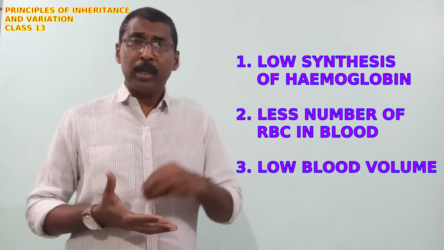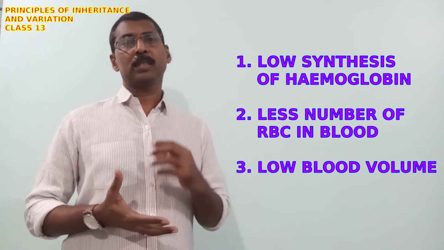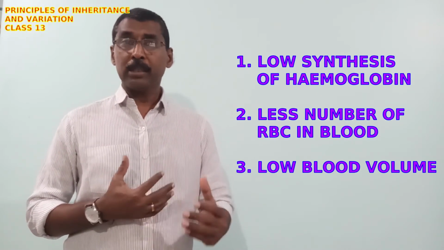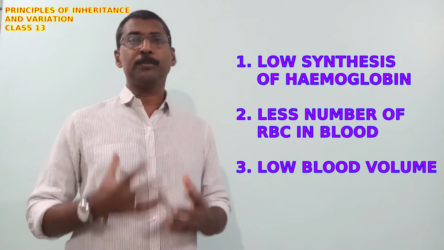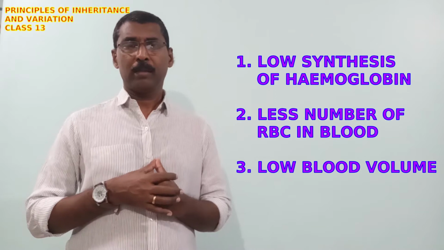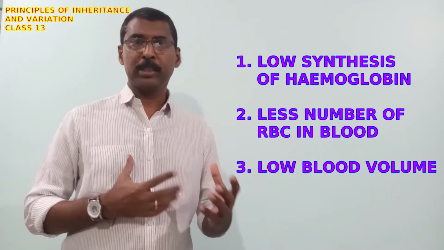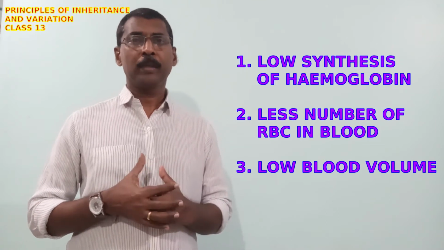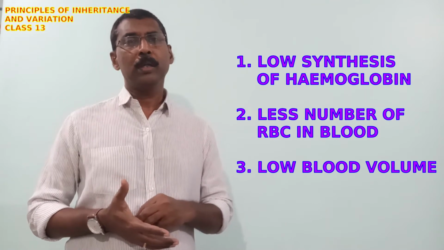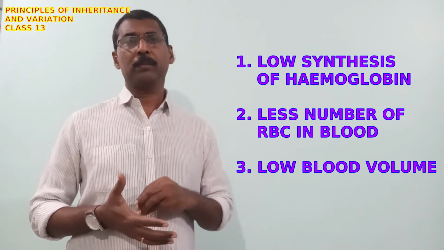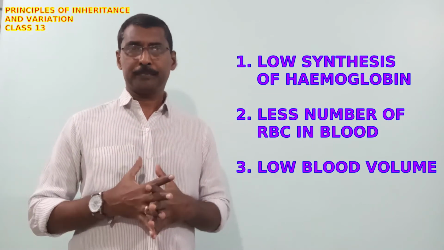Another reason for low hemoglobin is less volume of blood. When blood is lost as a result of an injury, the blood volume may be reduced, and in that case also hemoglobin may be low in the blood, and that may lead to anemia.